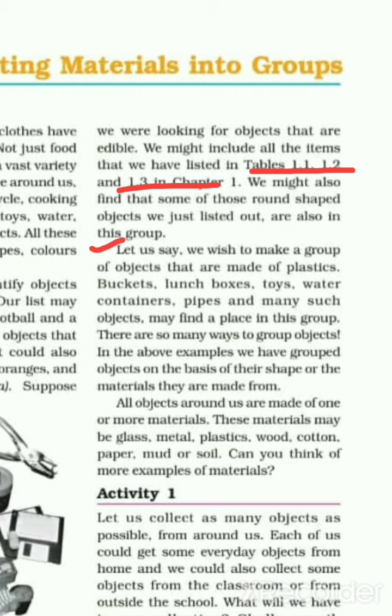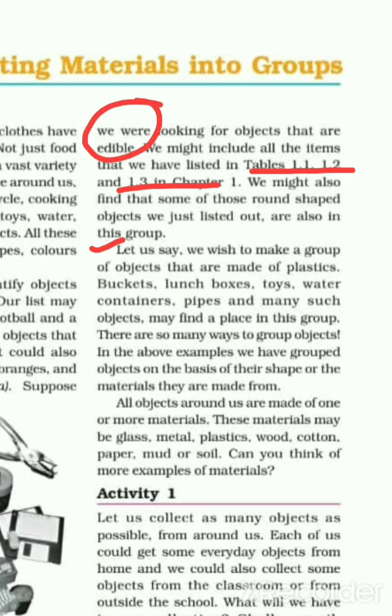Let us say we wish to make a group of objects that are made of plastics. Now here they again categorized the third group. See, in the first group they categorized into a circle shape group. In the second they included an edible group.